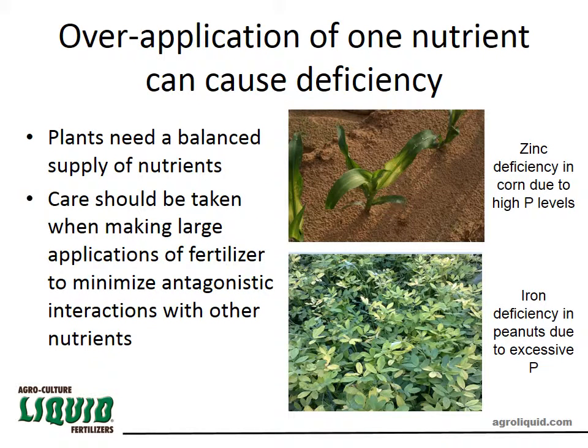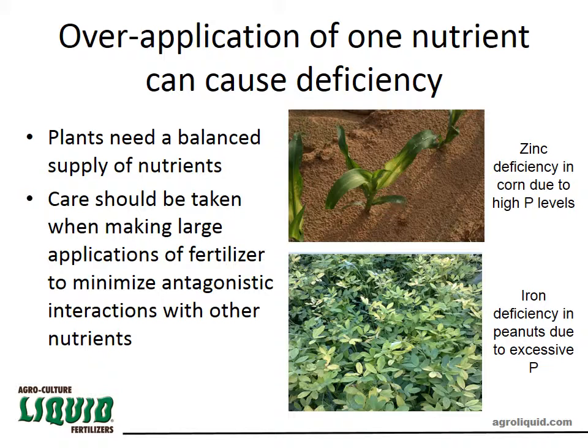Also, we see a lot of over-application of nutrients that can cause deficiency of another nutrient. As you can see here on the right, zinc deficiency can be induced by high phosphate levels in the soil. Also, iron deficiency in peanuts can be due to excessive phosphate.